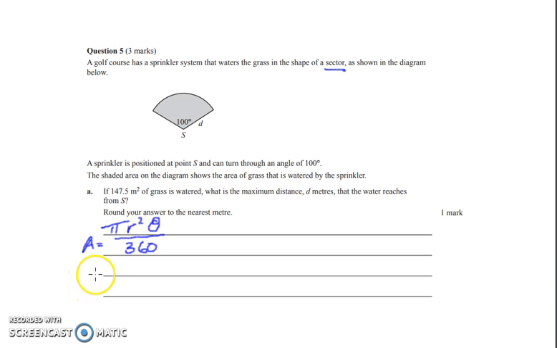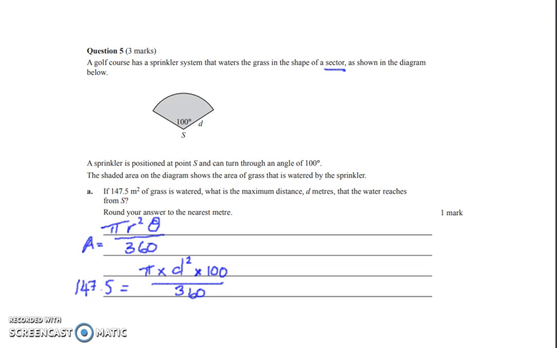So in the information, we've got 147.5 is equal to pi times d squared, because d is what we're trying to find. Make sure you include the square, times the angle, which is 100, over 360.